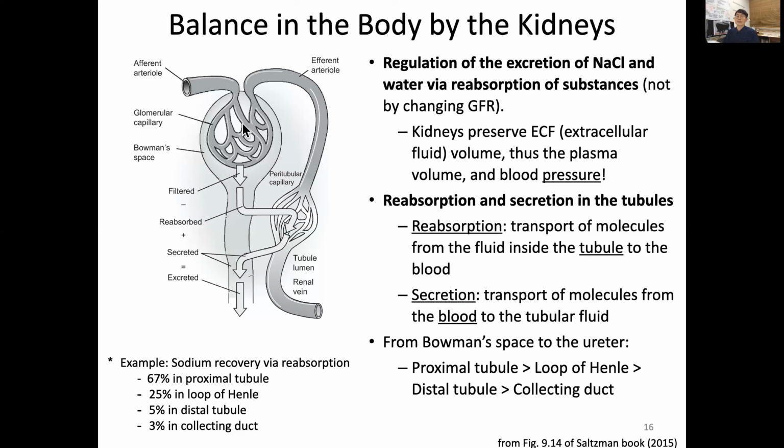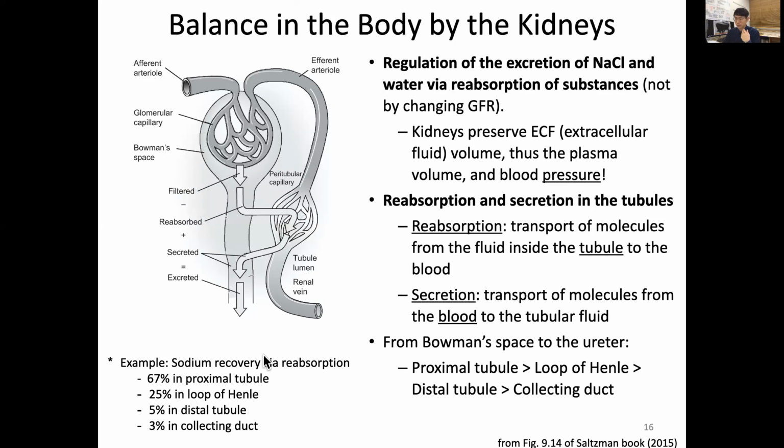Now let's see the sequence of the fluid from Bowman's space to the eventual ureter and bladder: Bowman's space to the proximal tubule, loop of Henle, distal tubule, and eventually the collecting duct. I won't touch on too much detail this time, but those who are interested can take a look at a physiology book.